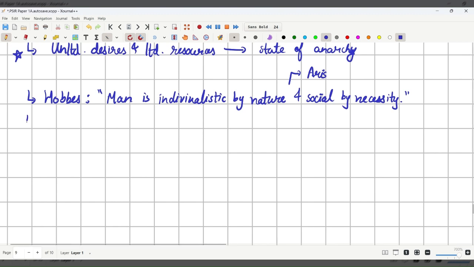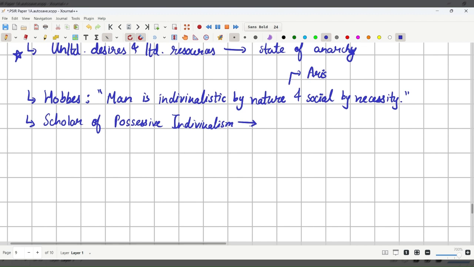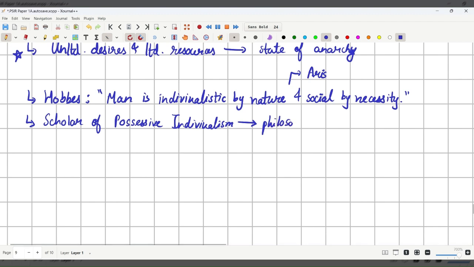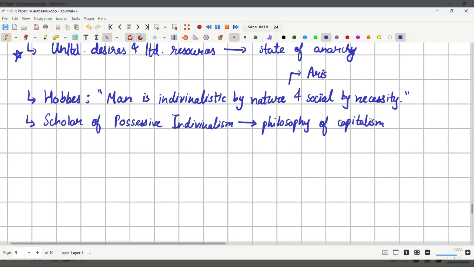Then you can also say that Hobbes is a scholar of possessive individualism. It is basically a philosophy of capitalism, so you can also say that he is a scholar of the capitalist class.